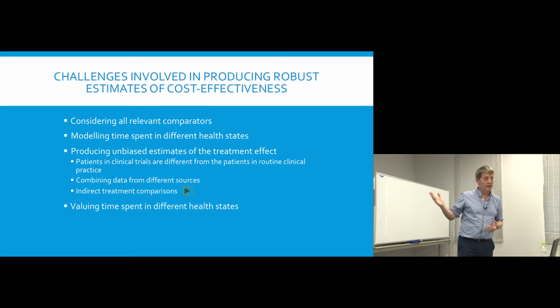So when we looked at generic preference-based measures, EQ5D, things like that, when we looked at mapping from a condition-specific to a generic measure, all those issues arise, or can arise, in an economic evaluation, making it harder to get a good estimate of cost effectiveness.